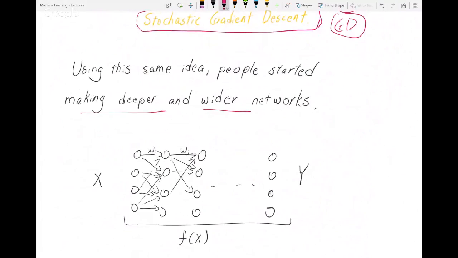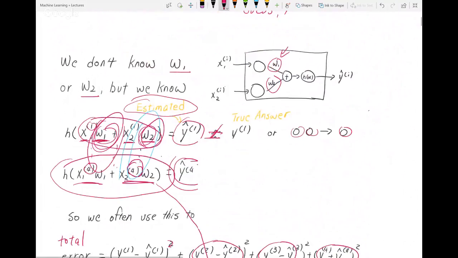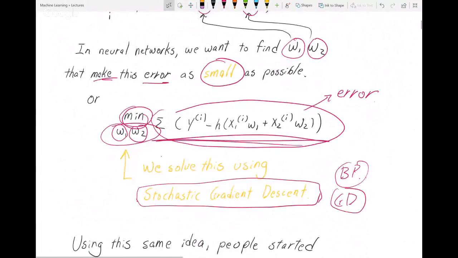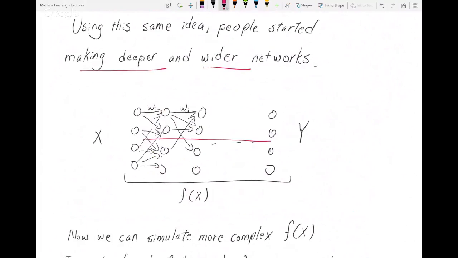So instead of just something very small like this, they started stacking them on top of each other. And when they start stacking them, it starts looking something like this. They just get more and more layers, and this makes it deeper. And also, they can make it a lot wider, depending on maybe you have a lot of inputs.